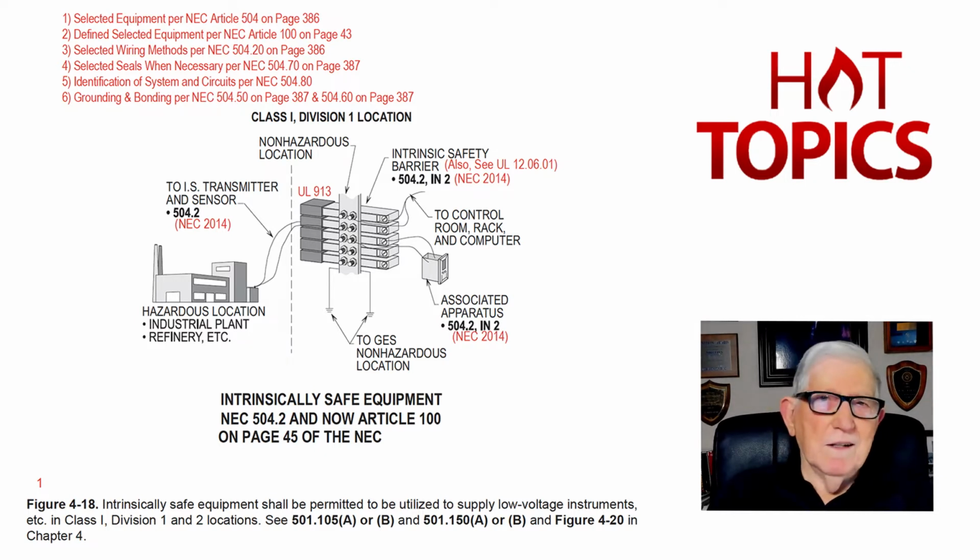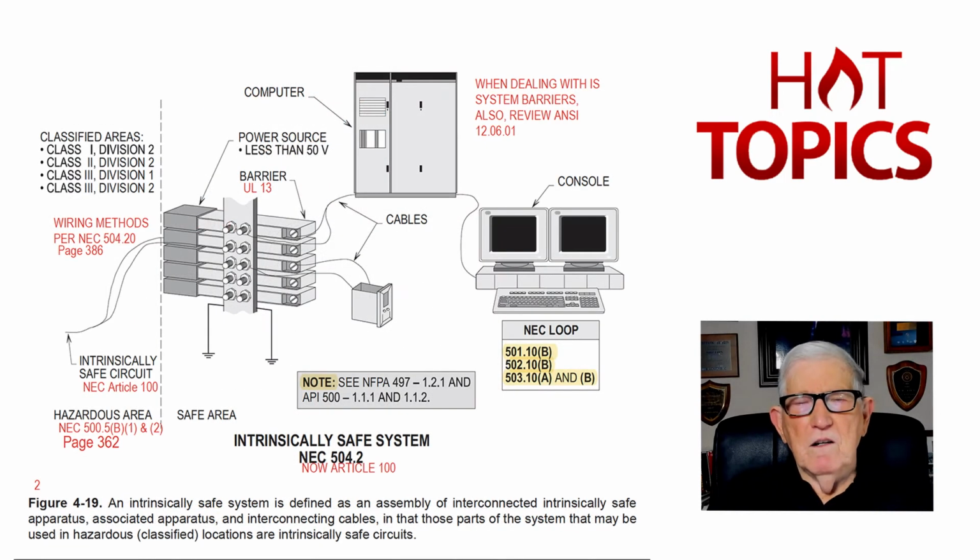I always kind of liked Part 1, 1,000 volts or less, Part 2, over 1,000 volts, and Part 3 when they added additional definitions to help us in classified areas. So this is our illustration 1 that we're looking at, and now we're going to illustration 2.